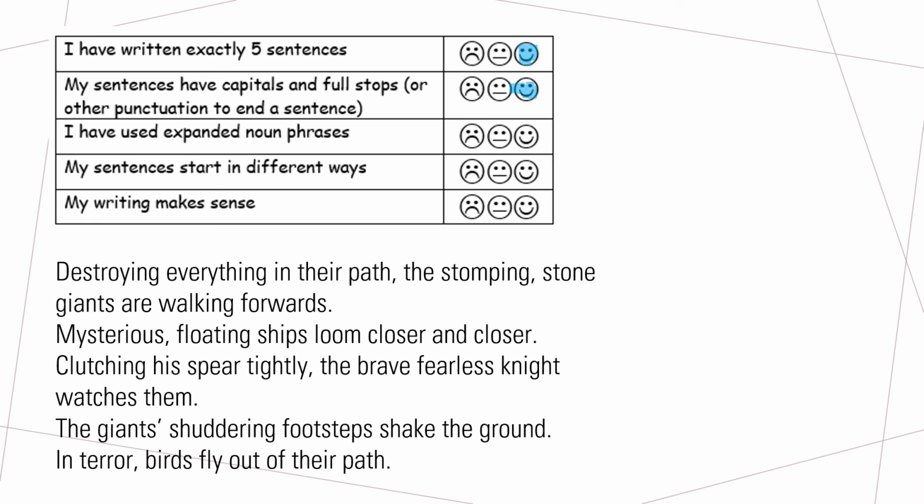Yes. I've used expanded noun phrases. Yep, stomping stone giants, mysterious floating ships. Yep, happy that I've done that. Do they start in different ways? Well, I know from today's lesson that they did. And I've checked that my writing makes sense. So that's what you need to do to complete your activity. Good luck, guys.